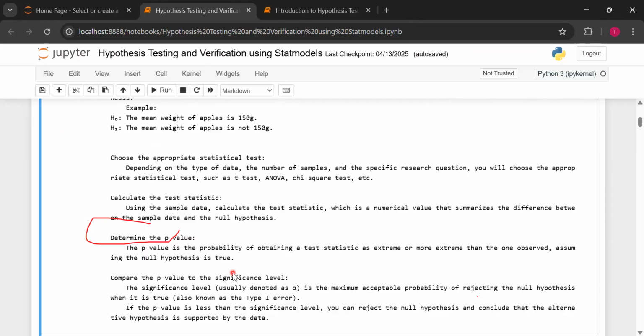So it's directional. Or you say that if we increase the watering of a plant, the produce will increase. We're taking a direction because we are certain that we have a positive, upward increase for the two items: when one is increased, the other one increases. So we will know the direction. But when we don't know the direction, we basically say there's an effect, whether it will increase or decrease, we don't really know. So that's the two-tailed test. With one tail, you have a direction. With two tails, you don't have a direction.